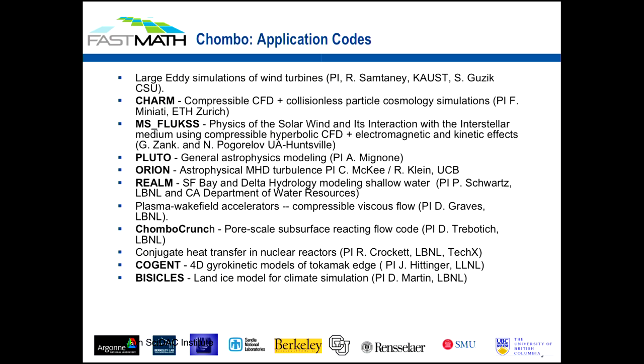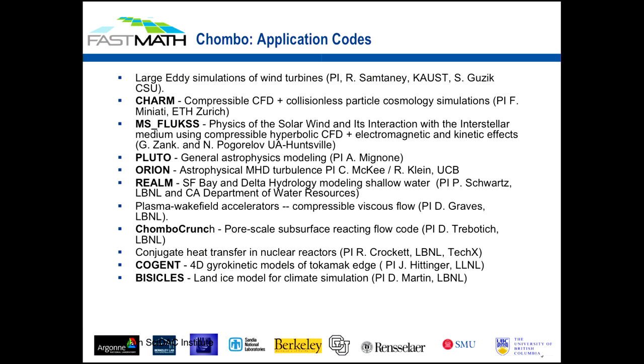Realm is a surface hydrology code. This is modeling the San Francisco Bay and Delta watershed and how the surface water works. The Plasma Wakefield Accelerator is doing a rarefied gas that's excited with a laser. This is for those desktop accelerators that they do, so modeling that kind of process.